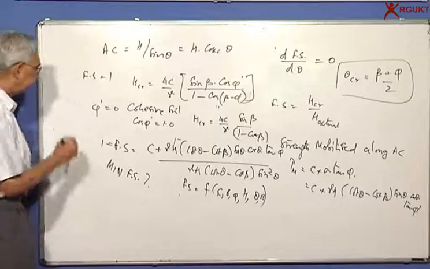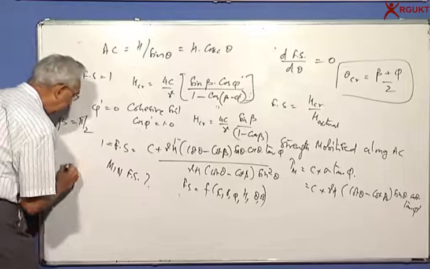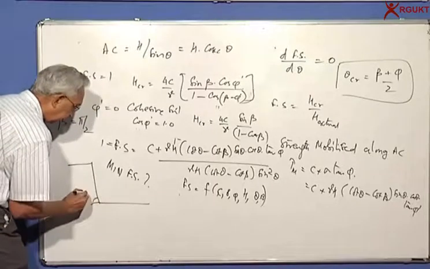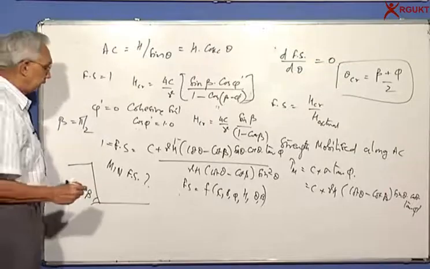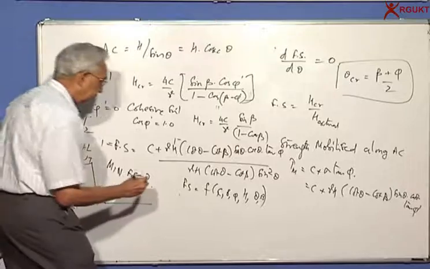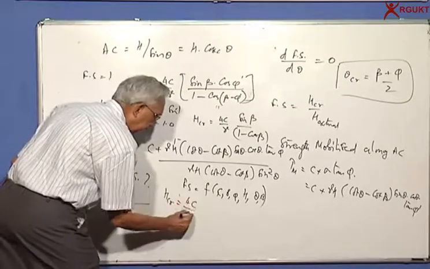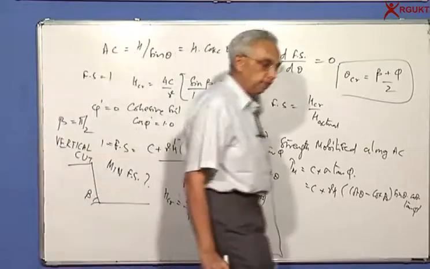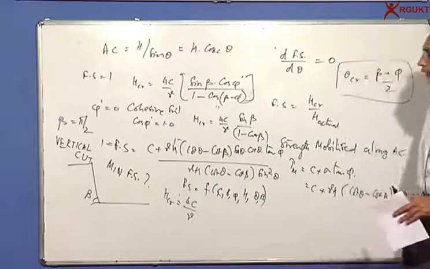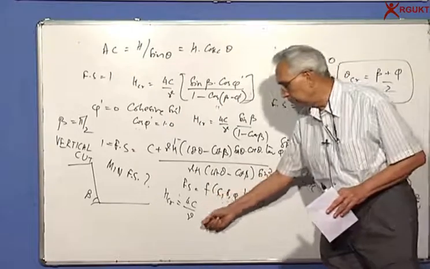And if beta is equal to pi by 2, what does it mean? When beta is pi by 2, we are looking at this angle beta, the slope angle. It's a vertical cut. What happens? H critical is simply equal to 4c by gamma. So this is how we design these deep excavations for multi-storied buildings. If I know the c value, it will be equal to 4 times c by gamma.